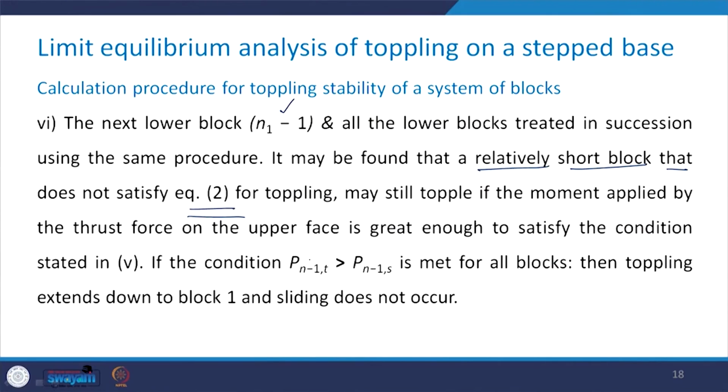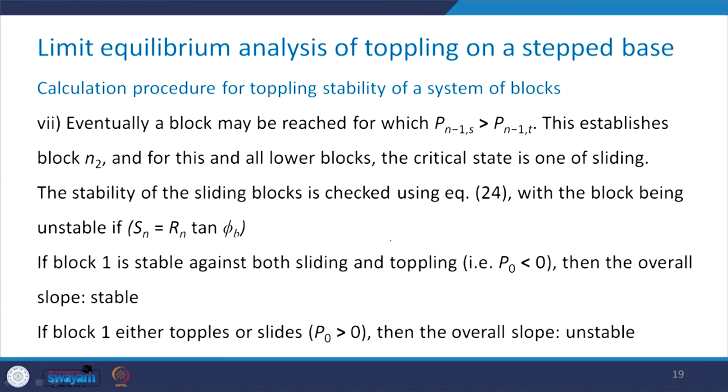Now, if the condition, that is Pn minus 1 toppling is more than Pn minus 1 sliding, is met for all the blocks, what does that mean? That the toppling extends down to block number 1 and sliding will not occur at all for all the blocks which are there on that slope. Now, eventually a block may be reached for which Pn minus 1 sliding is more than Pn minus 1 toppling.